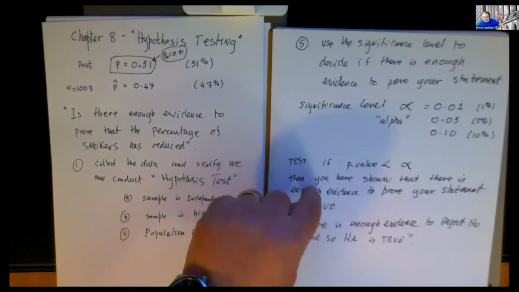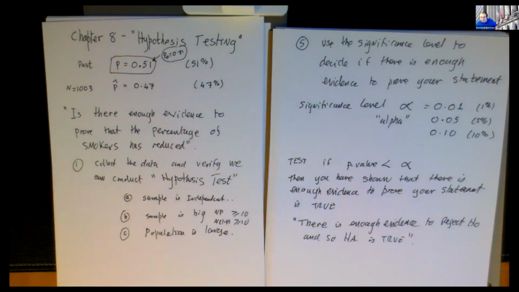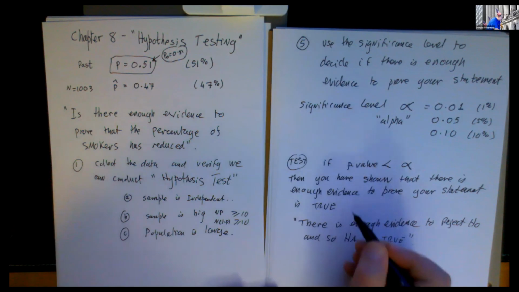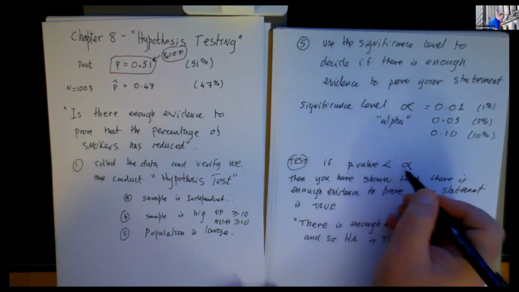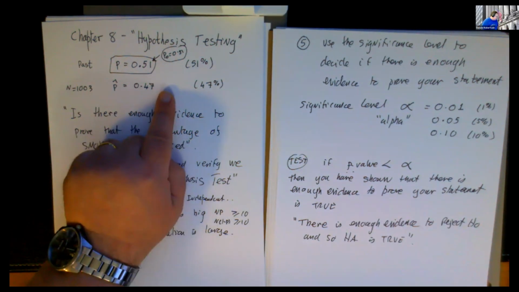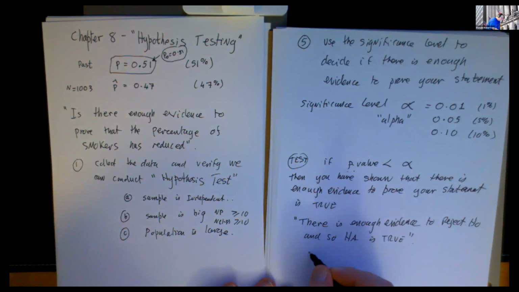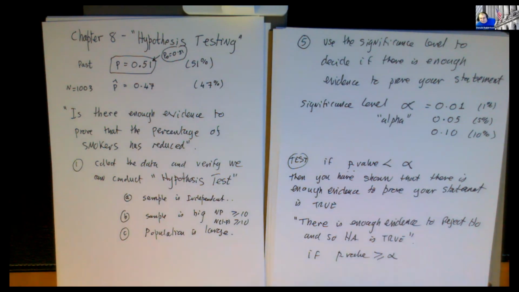That's the same meaning as that. I'm just writing this a little bit more in English, but this is the formal way to do it. So you do a test. If your p-value is less than alpha, you've proved what you were after. You've proved that in this case it's gone down. What happens if the p-value is bigger than or equal to alpha? What do you think you do then?